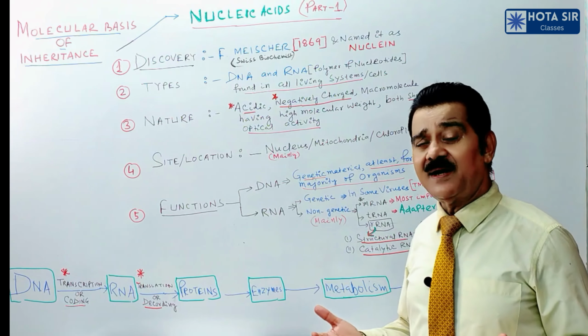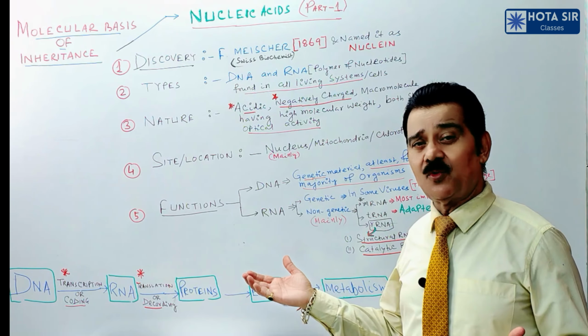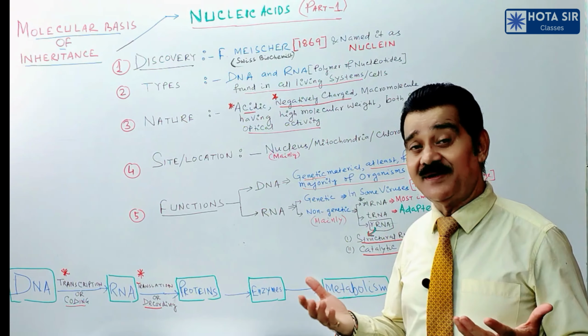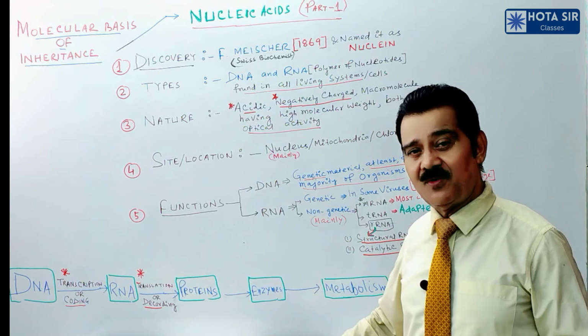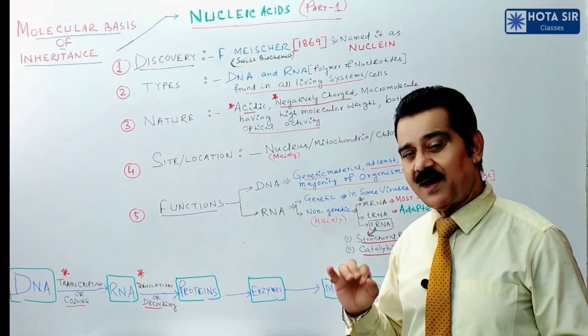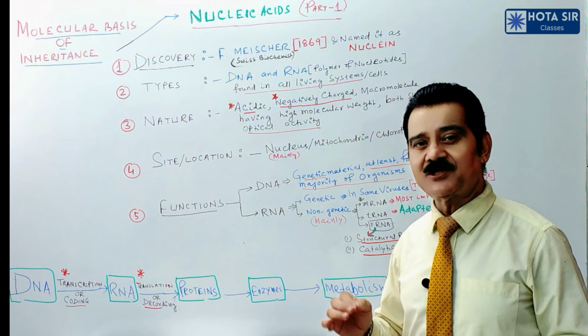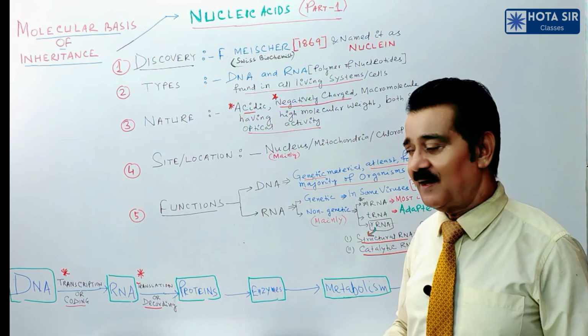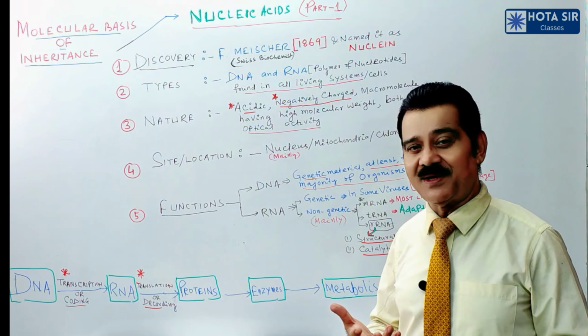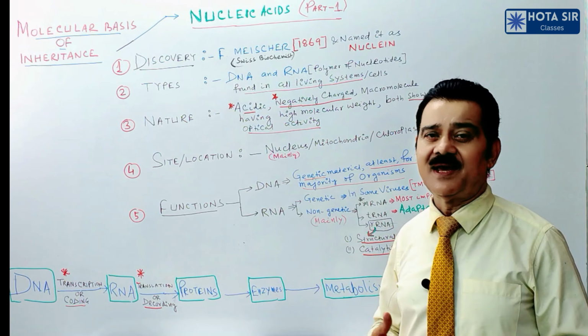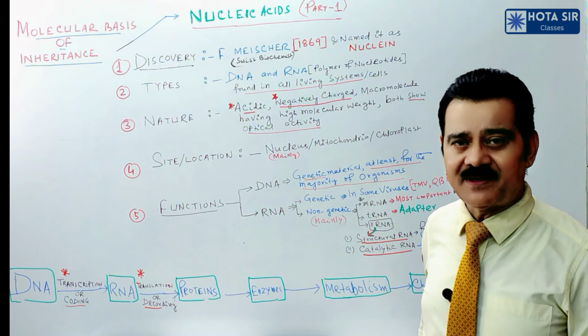Now, this RNA and DNA, my dear children, work in a coordinated, integrated, regulated manner. See the chart I have given below: DNA to RNA, RNA to proteins, proteins to enzymes. Clear? And enzymes control the metabolism, that is catabolism and anabolism, and finally they help in expression of a trait.